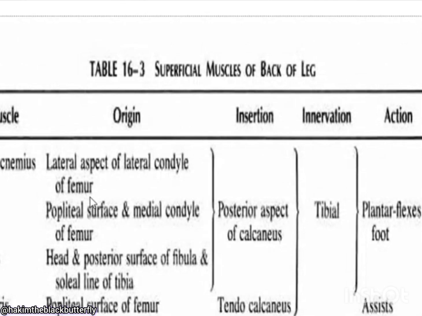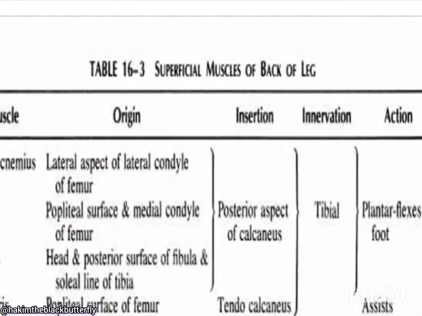The superficial layer is made up of three muscles: gastrocnemius, which has two bellies. Deep to gastrocnemius is a flat and big muscle known as soleus. The tendons of these two muscles come together and form what you call the calcaneal tendon, which inserts in the calcaneum.